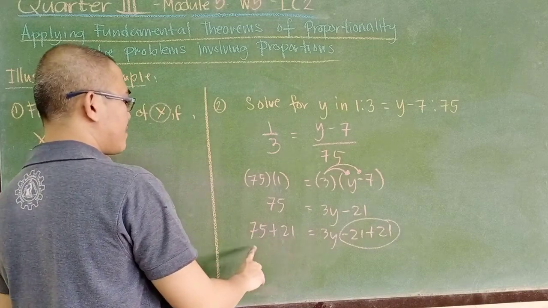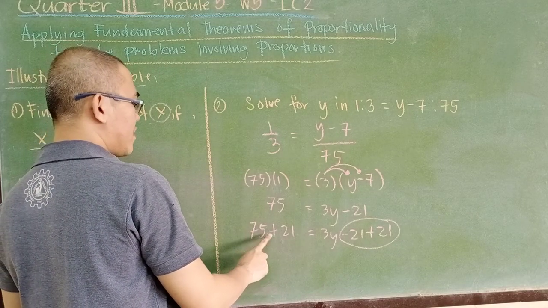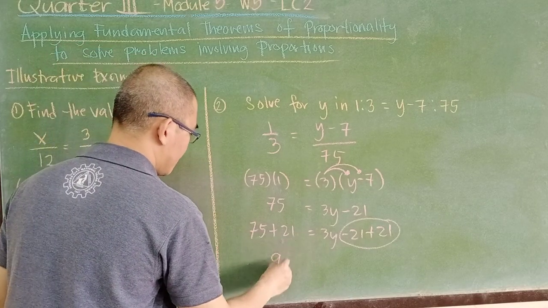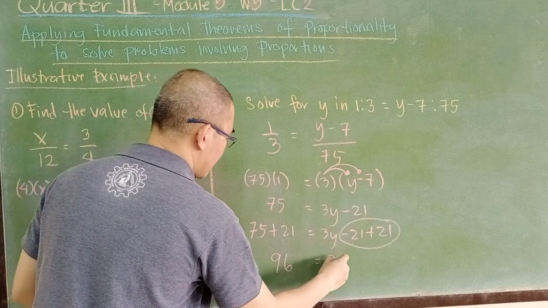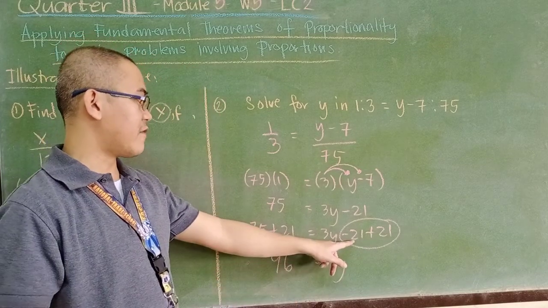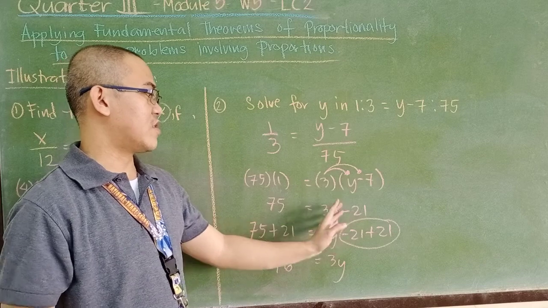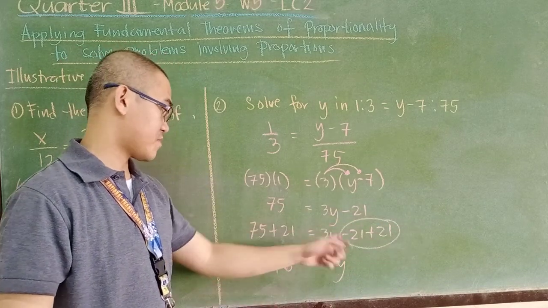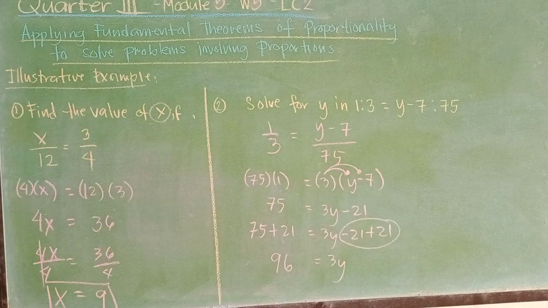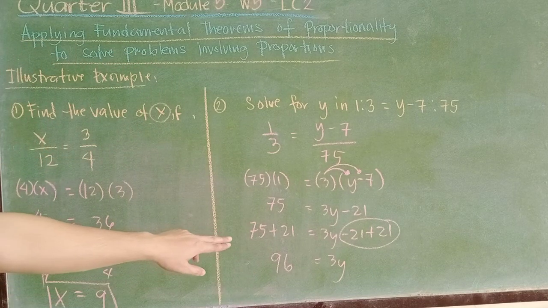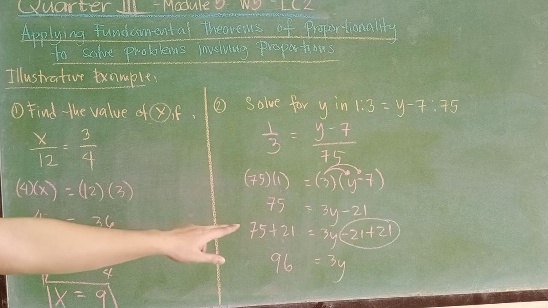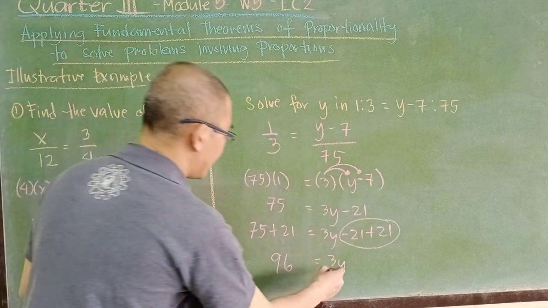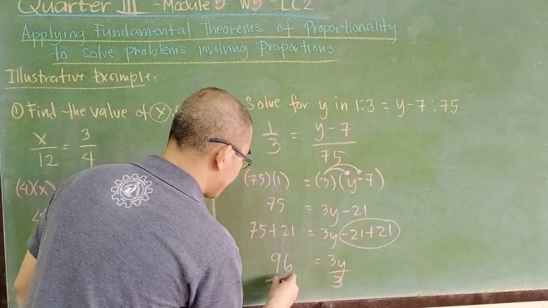And dito sa kabila, 75 plus 21, that will give you 96 is equal to 3y. So, wala na yung negative 21 o yung minus 21 dito sa may right side. Kasi 0 na, kasi nag-add ka ng 21 on both sides. Next. So, para mawala naman yung kasama ng y, which is yung 3, magde-divide tayo both sides by 3.